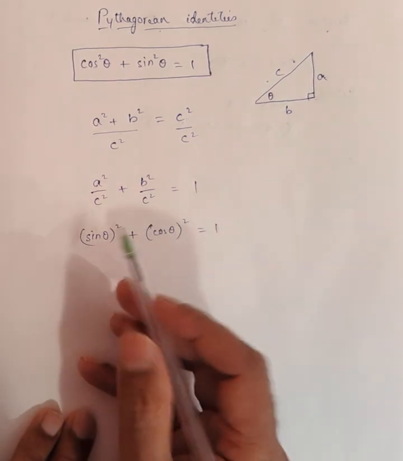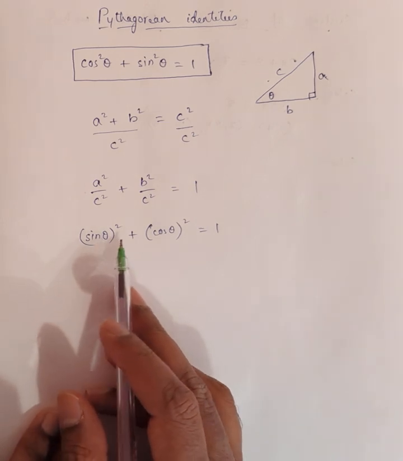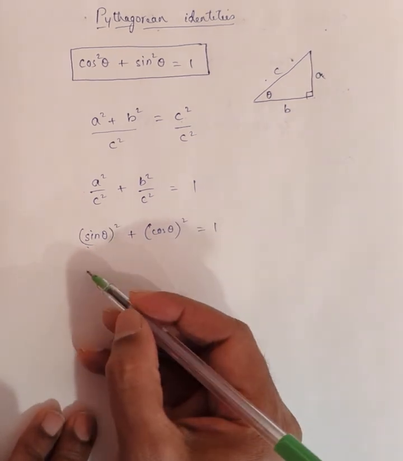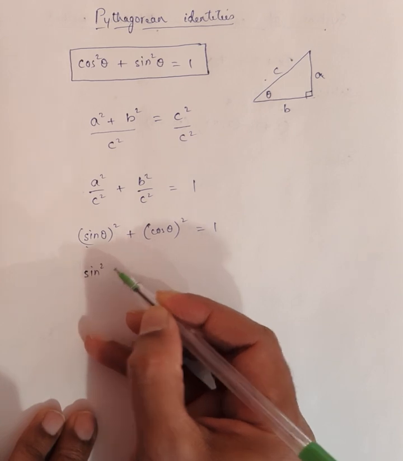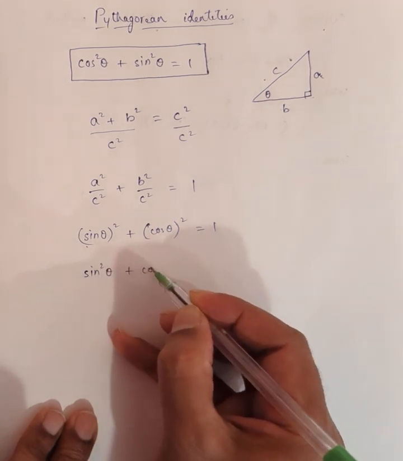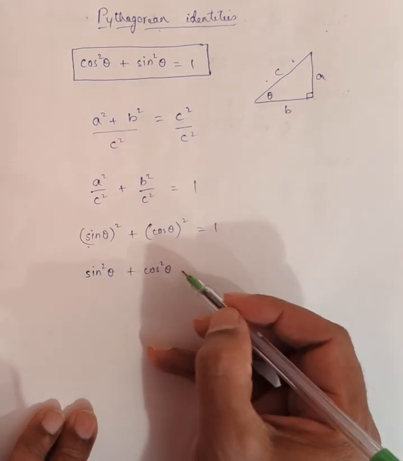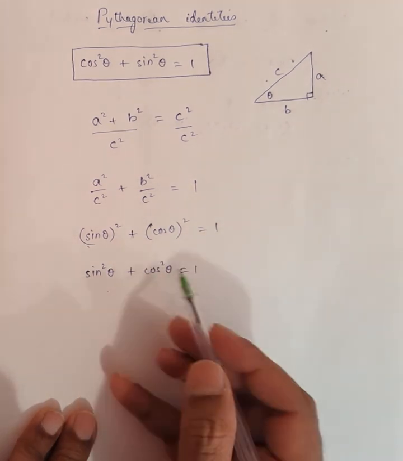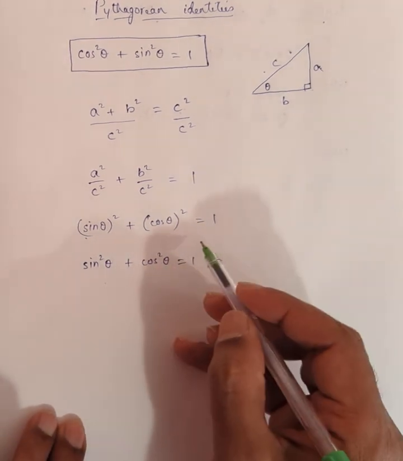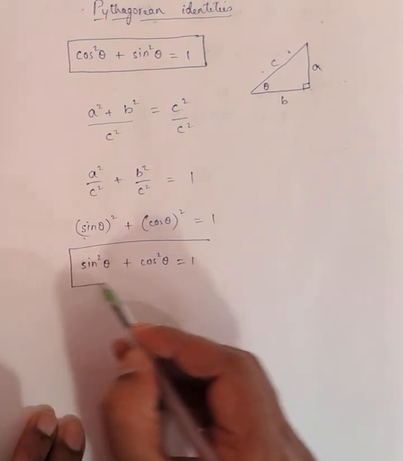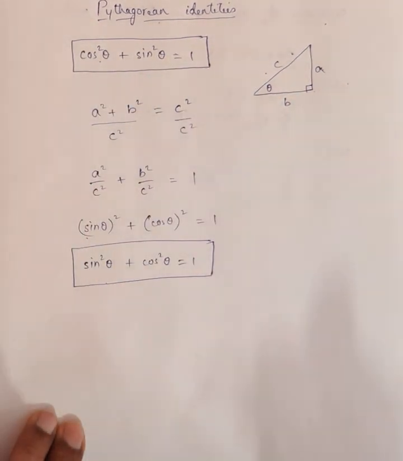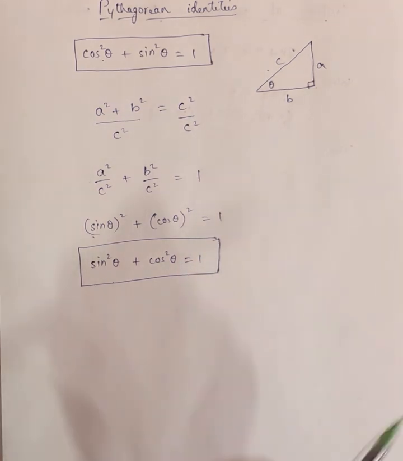But usually you don't see sine theta quantity square. Normally we write this as sine square theta plus cos square theta. So that's the identity: sine square plus cos square equals 1. I wrote cos square plus sine square equals 1 here, but it's the same thing.